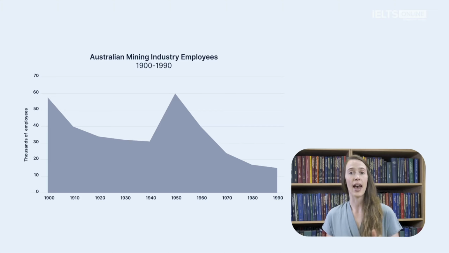In other words, an increase or decrease, and any high points or low points. In this graph, the main overall trend is the decrease in the number of employees between 1900 and 1990, and the peak or high point in 1950.